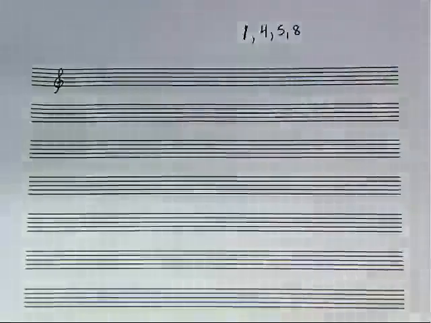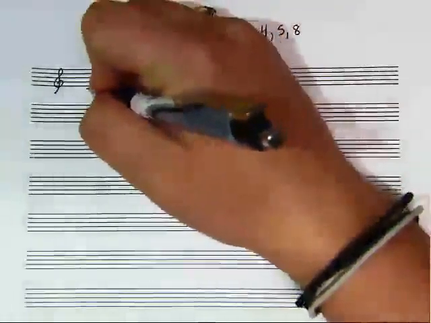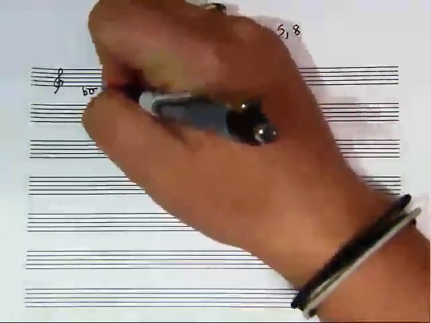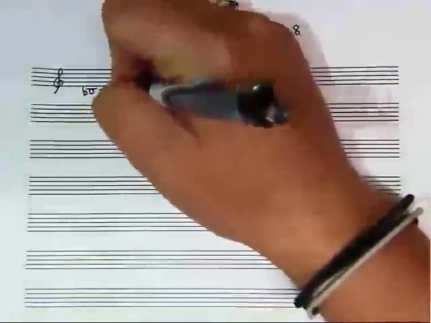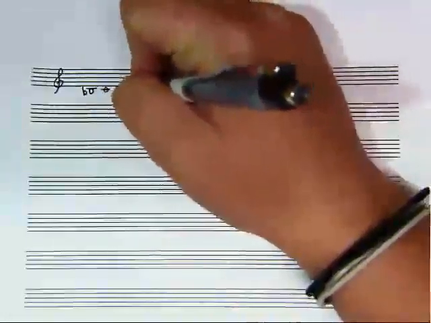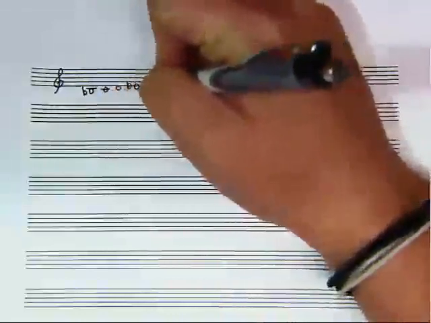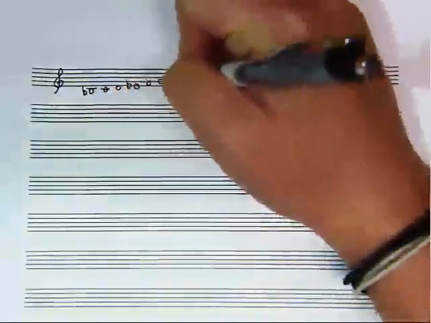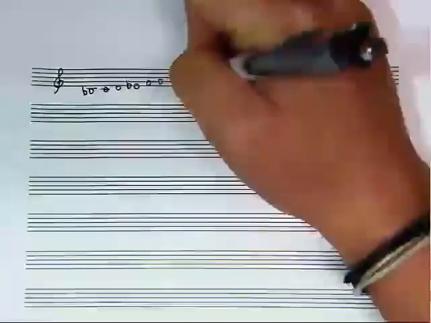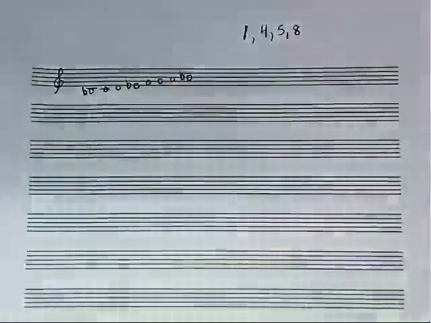I know that I have 2 flats in B flat major, B flat and E flat, so I'm going to use that when I write my scale. So there's my B flat major scale, and from here I can determine my perfect intervals.